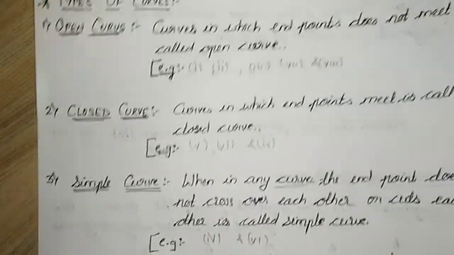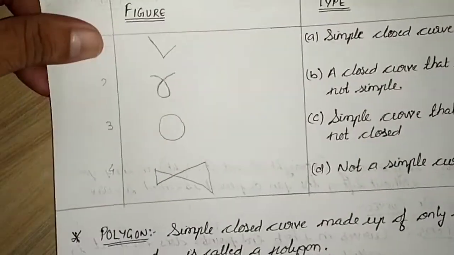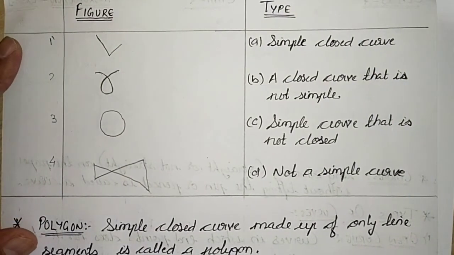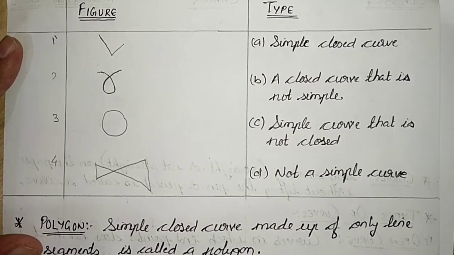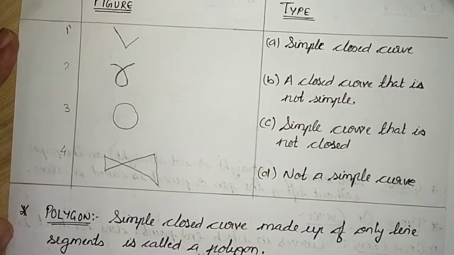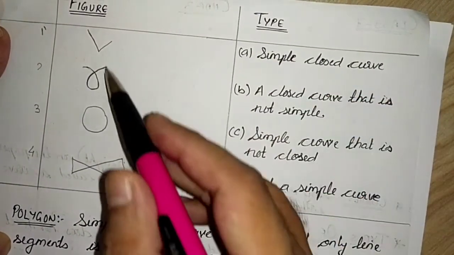Now based on these types, in the textbook they have given you one match the following. So we are going to solve that match the following. First they have given you the figures, 4 figures are given, and opposite to that the types are given. We will follow the types and select the figures.